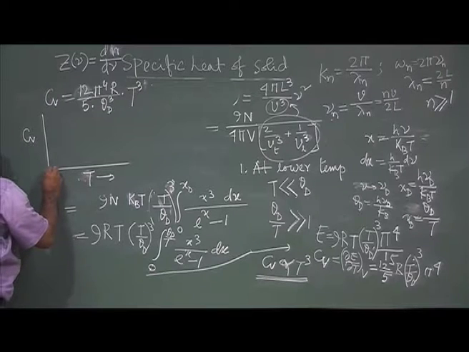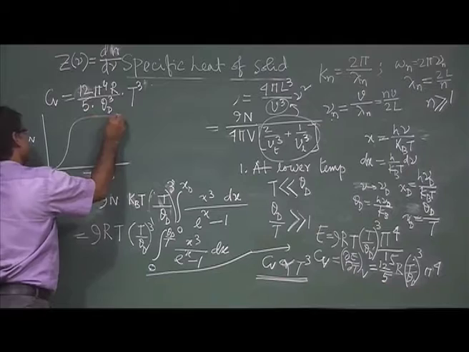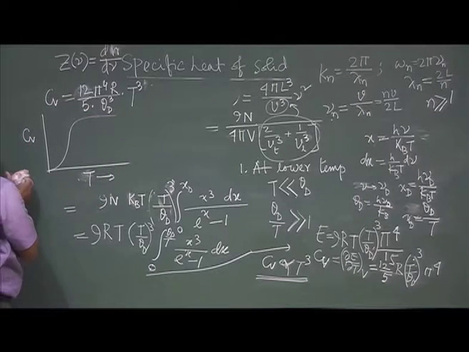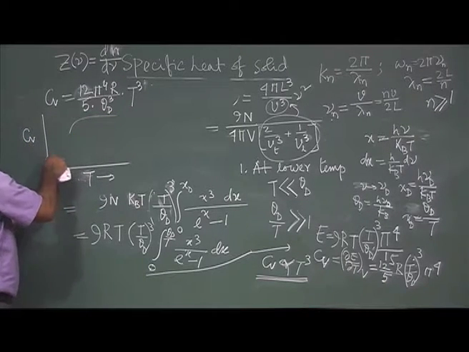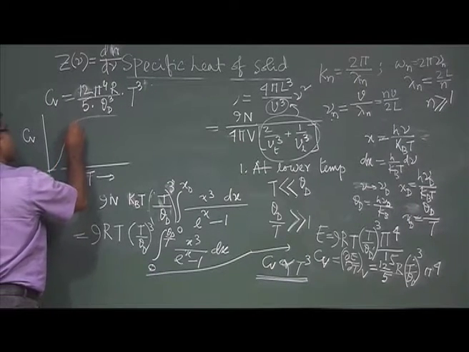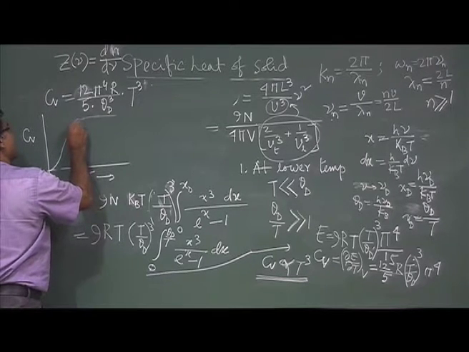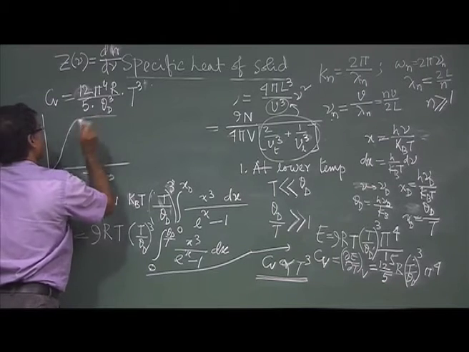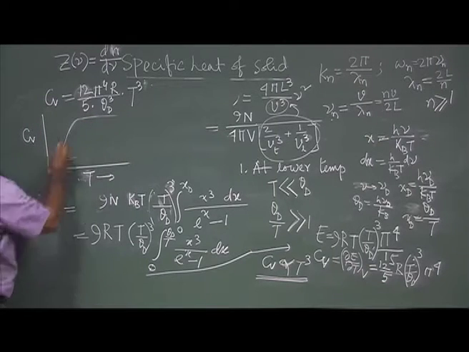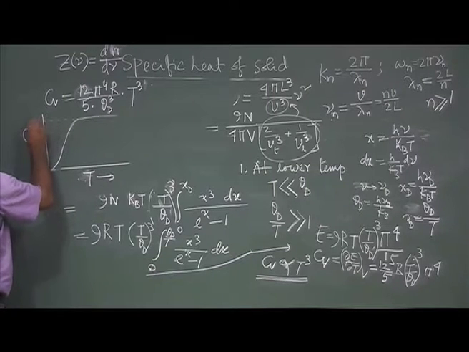Its variation is like this. It's more sharp here. Okay. So this is the value.